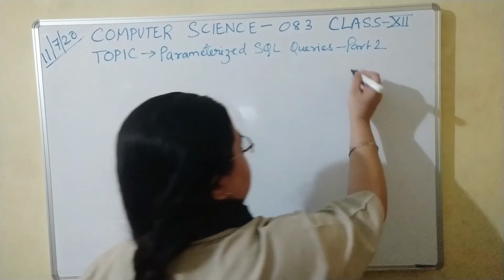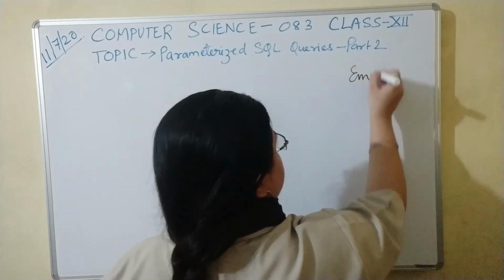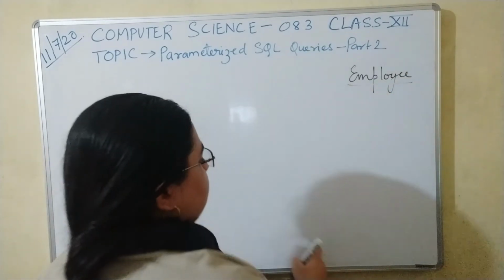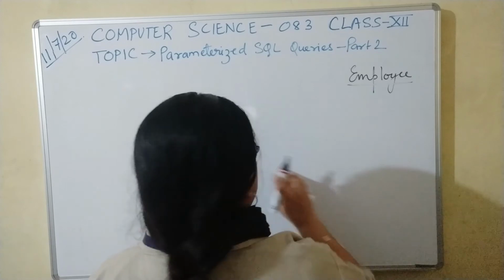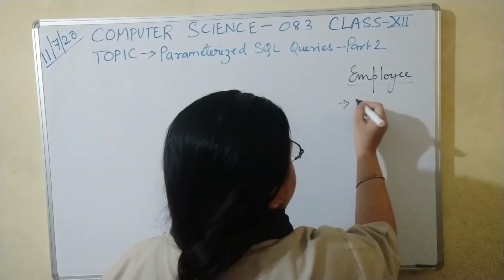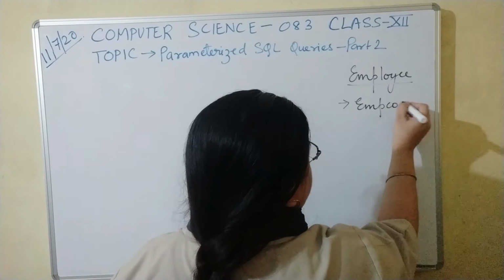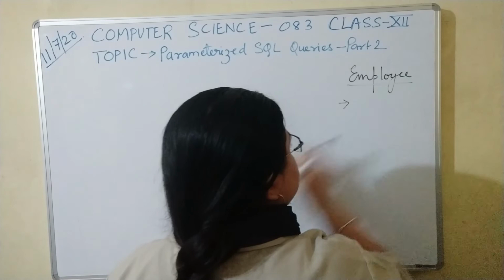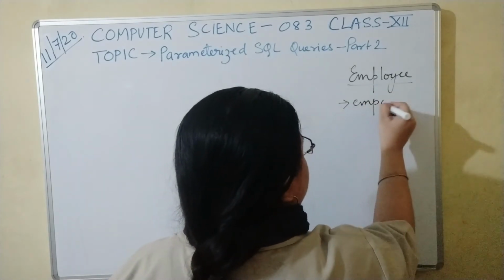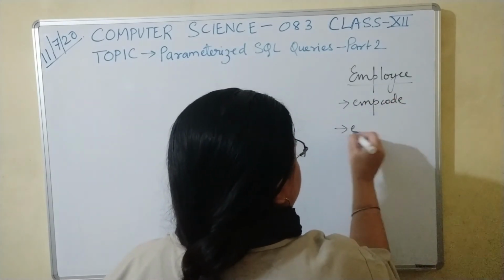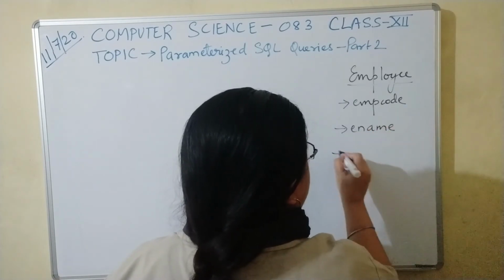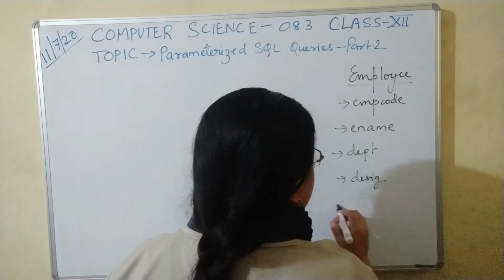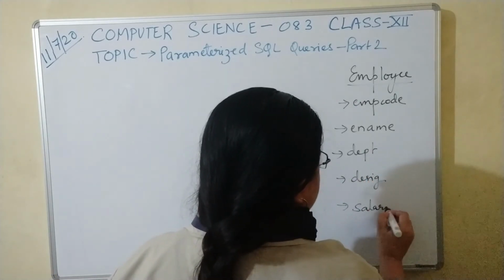So suppose for example I have a table now named employee, and to this table I am going to enter values, that is employee code. Let me write everything in small letters: ecode, ename, dpt that is department, desig that is designation, salary is for salary.